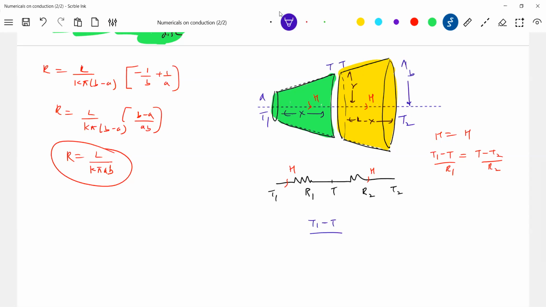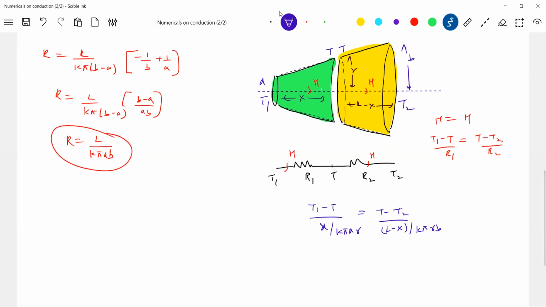What is R1? It is the resistance of the left part of the tapered rod of length X, with radius going from A to R. Shall we use this formula? X by K pi A into R. This should be equal to (T minus T2) over the remaining part, of length L minus X, by K pi R into B. So K pi R gets eliminated.